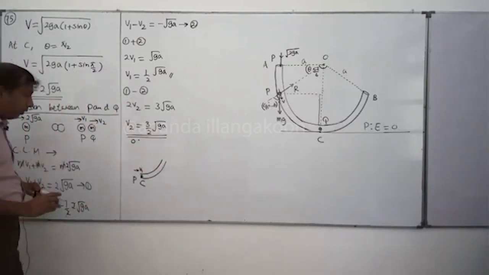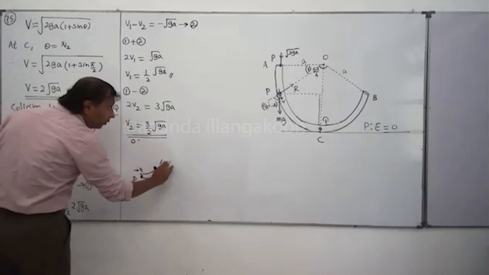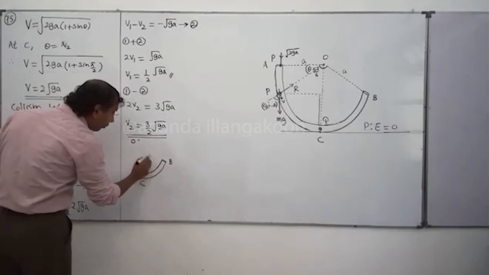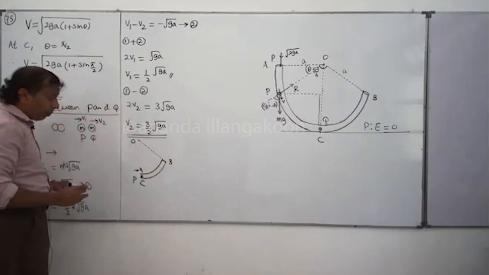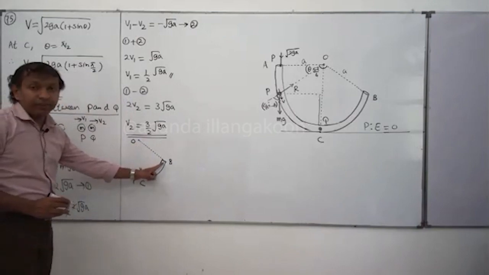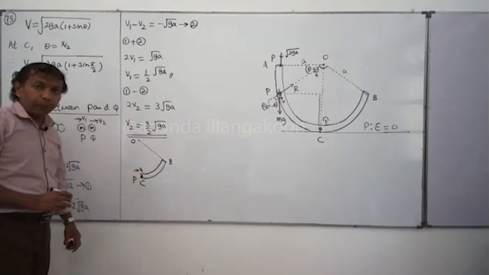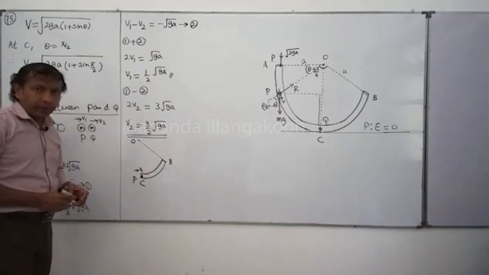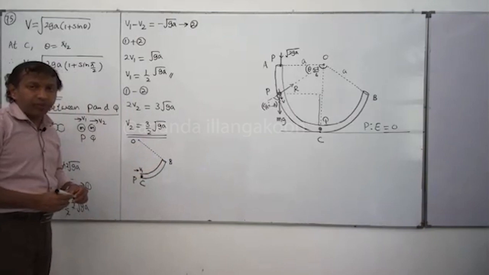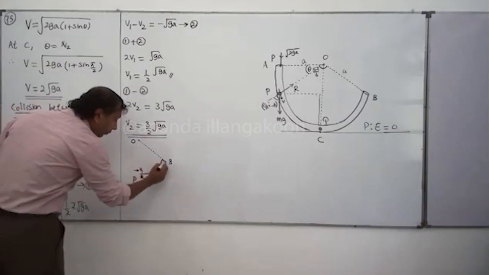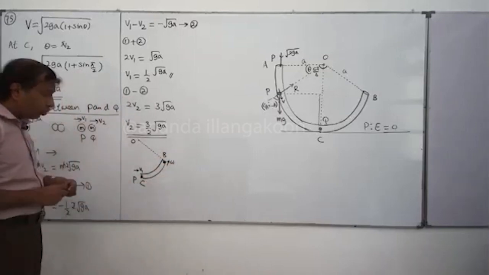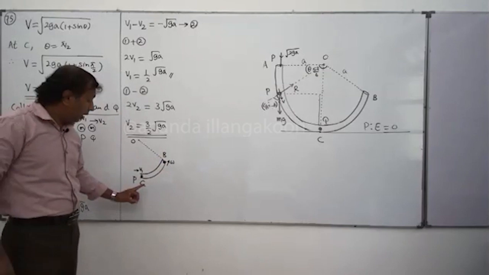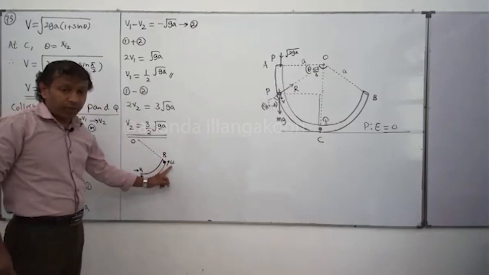Now B is here. Now we have to show particle P does not reach the point B. Now I am going to assume particle P comes to the point B with velocity W. But we have to prove particle P does not come to the point B. Right, I assume that particle P comes to the point B with velocity W.